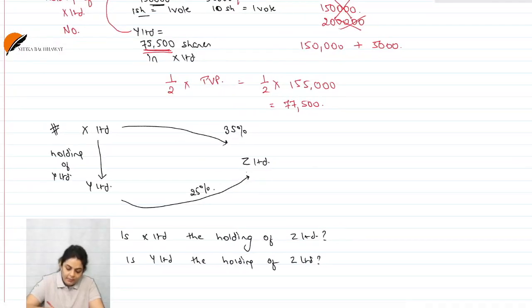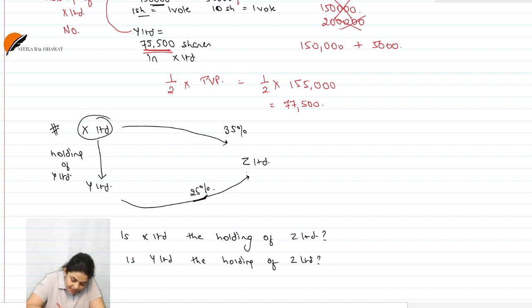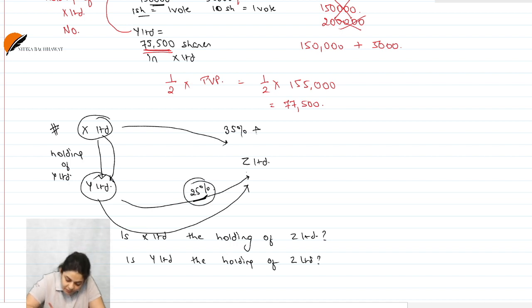Here I am directly holding 35%. But my subsidiary is holding how much? 25%. So through my subsidiary, I am holding 25%. So how much is it? 60%.